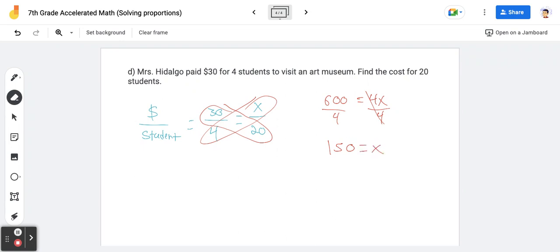So what are we asking? Find the cost for 20 students. Okay, then we could say the cost for 20 students is $150.